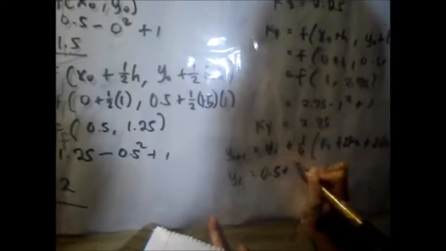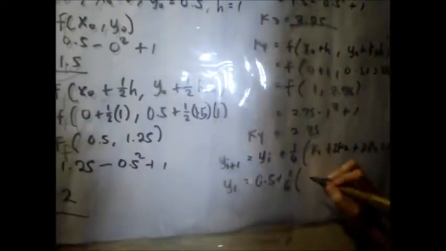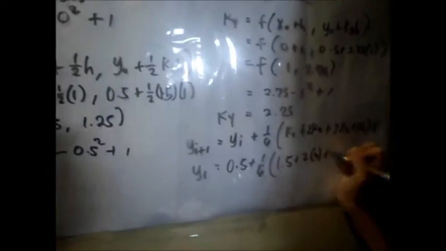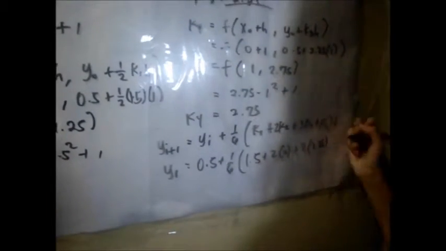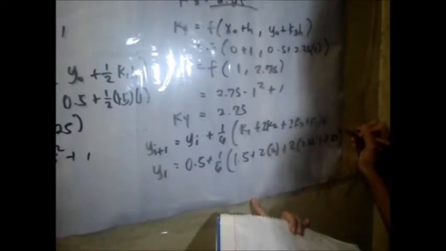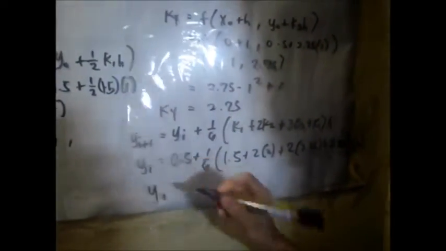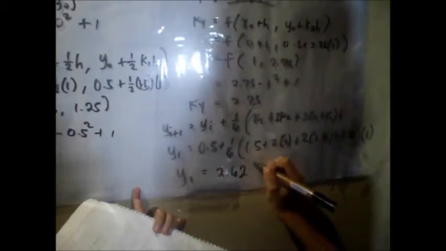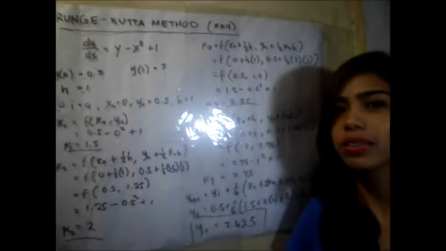So, we have plus 1 over 6. The value of k1 is 1.5, plus 2 times k2, which is 2, plus 2 times k3, which is 2.25, plus the k4 is 2.75, times 1. So, the value of y1 is equal to 2.625. So, this is the final answer for this method. So, thank you.